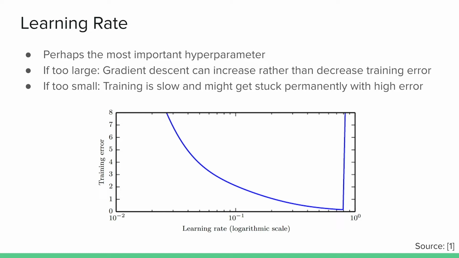In other words, if your training error increases instead of decreases, try using half of the learning rate that you've used before. This figure shows this quite nicely: your training error, depending on your learning rate, will go down to a certain point and eventually it will explode again. So you won't be able to get a good training error if your learning rate is too high. That is a sharp cliff, and if you find that point, use half of that learning rate.